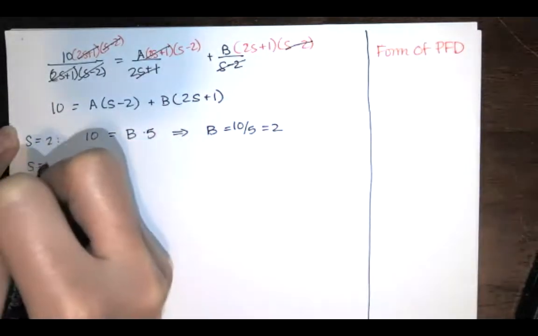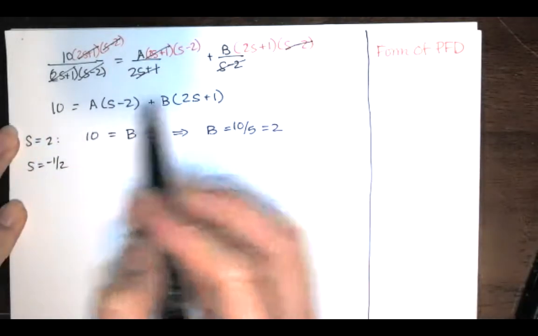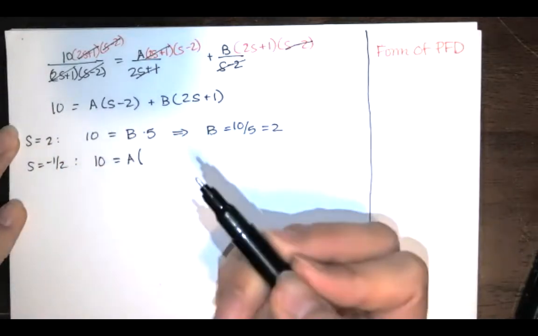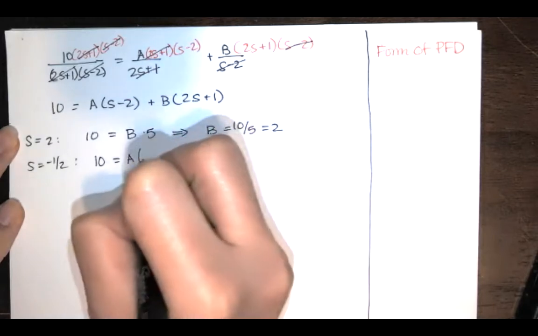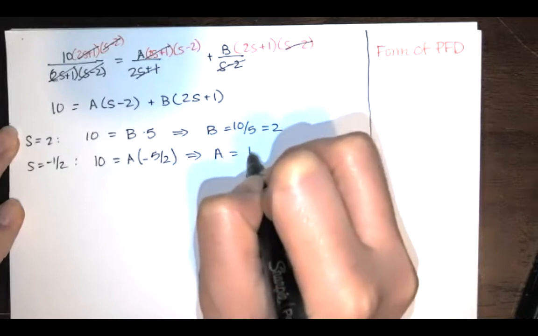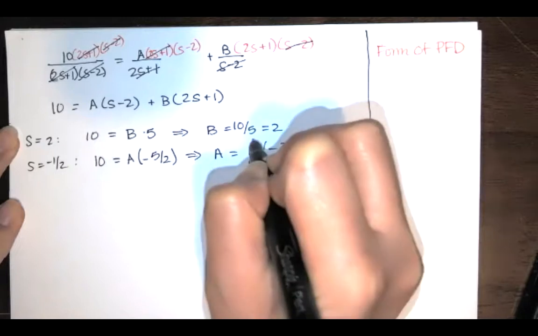Or if s equals -1/2, that's the value of s that would cause this to be 0. We have 10 equals a times -1/2 minus 2. That's -1/2 minus 4 halves. That's -5 halves. So a is 10 times -2/5. 5 goes into 10 twice, so we get -4 for a.